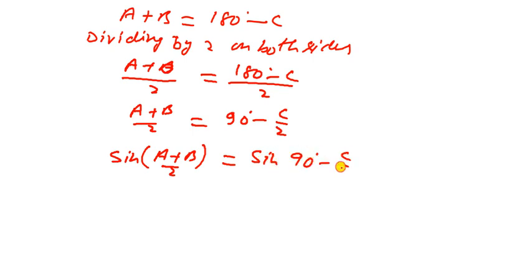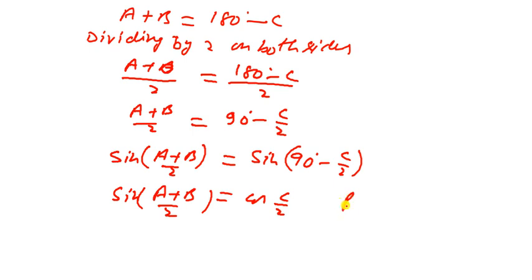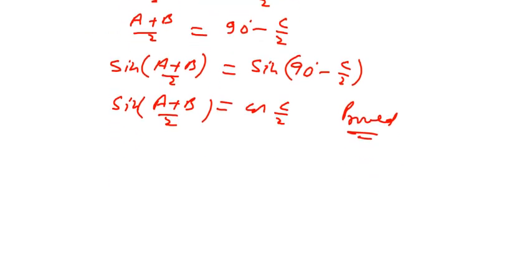Taking sine on both sides, we can write sine of A plus B by 2 is equal to sine of 90 degree minus C by 2. As you know, sin 90 minus theta is cos theta, so we can write cos C by 2. And here is sine A plus B by 2, hence proved. So that is proved. It's a very simple question.